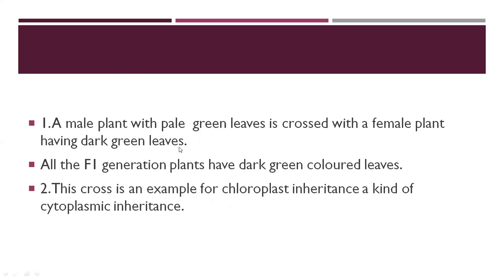A male plant with pale green leaves is crossed with a female plant having dark green leaves. In this experiment, all the F1 generation plants have dark green colored leaves. This cross is an example for chloroplast inheritance, a kind of cytoplasmic inheritance.